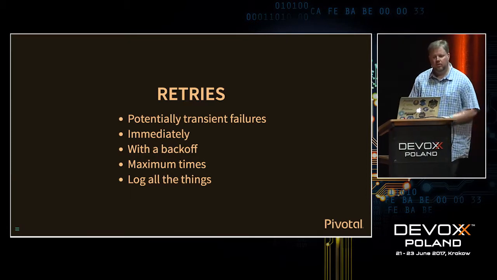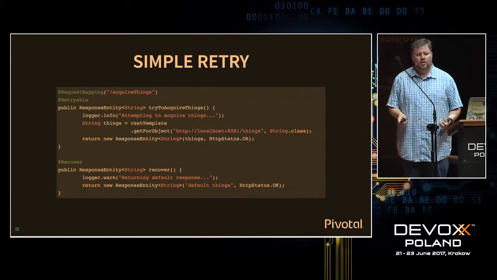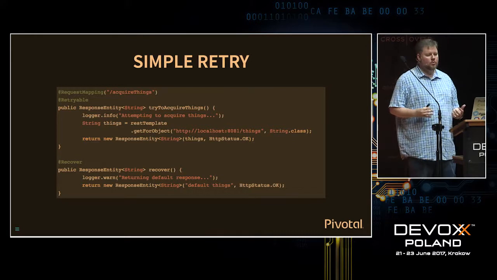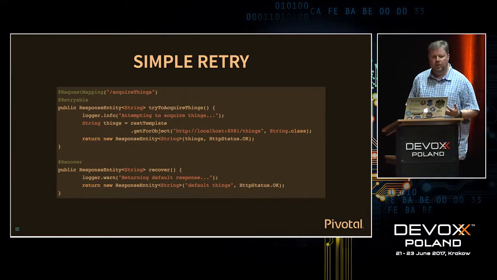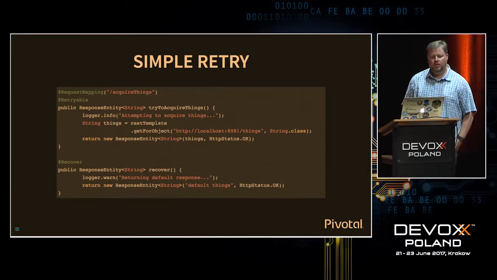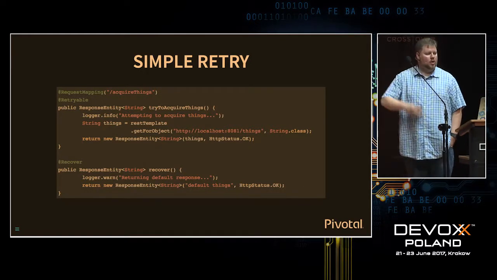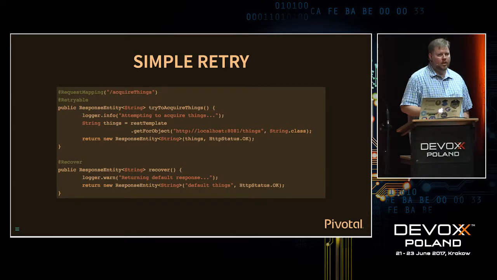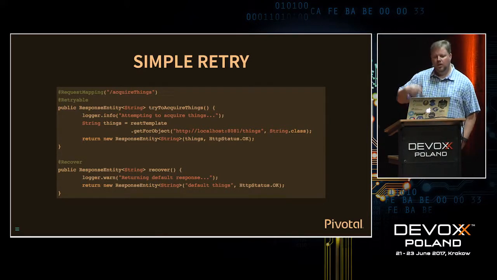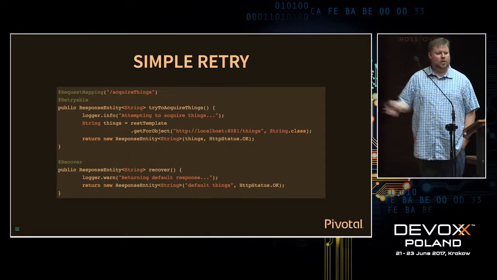Now, there's a little-known project called Spring Retry that makes this really easy to do. So, two annotations to point out here. The first method is annotated with @Retryable. @Retryable will give me a very basic, immediate retry with a uniform backoff strategy. Actually, no backoff strategy, and a maximum of like 3 retries.